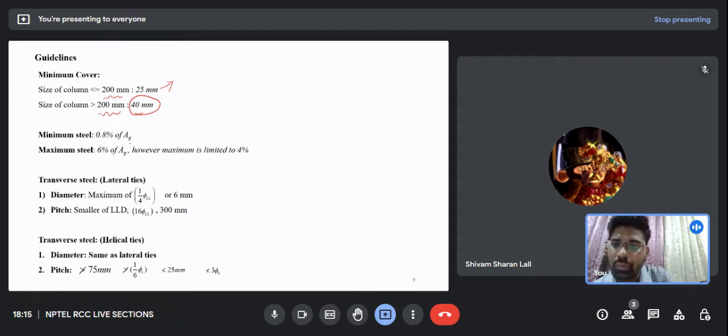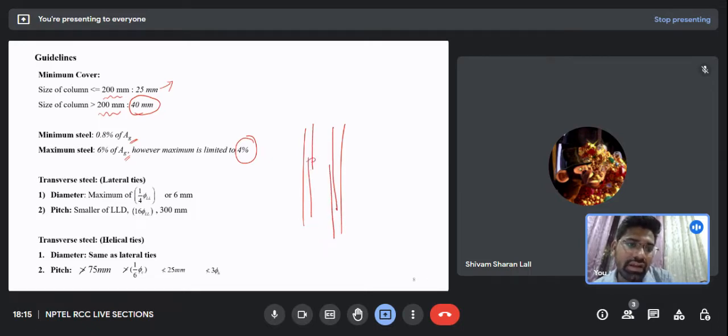The minimum area should be 0.8% of the cross section area of the column, and the maximum should be 6%. But still we limit it to 4%. Why? Because in columns, because of lapping, there are chances that we already cross the 4% or 6% criteria.